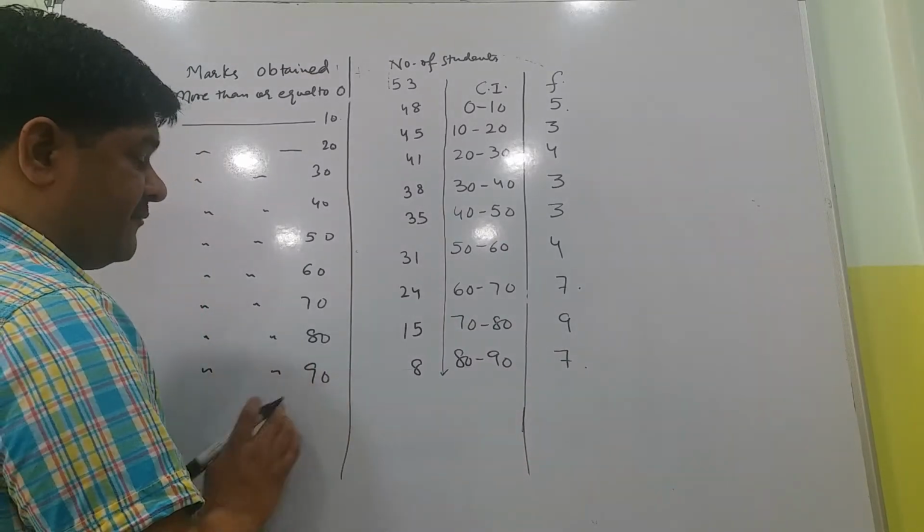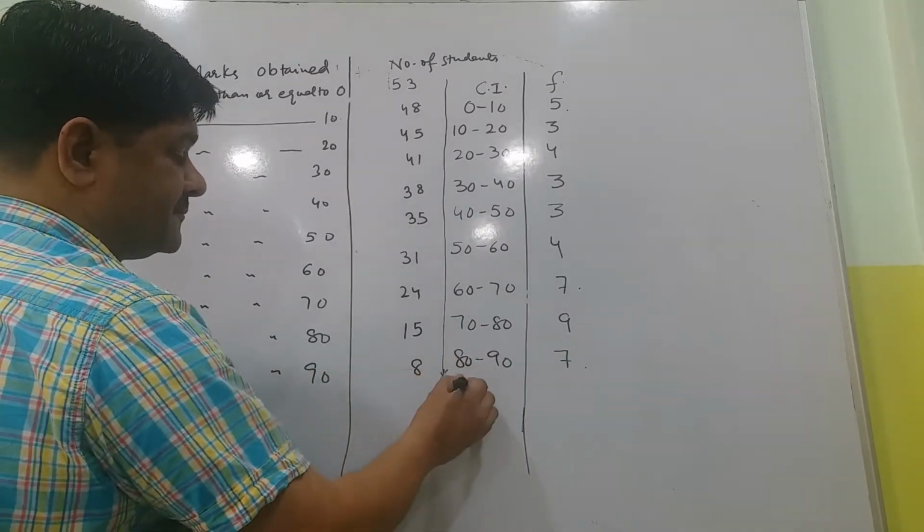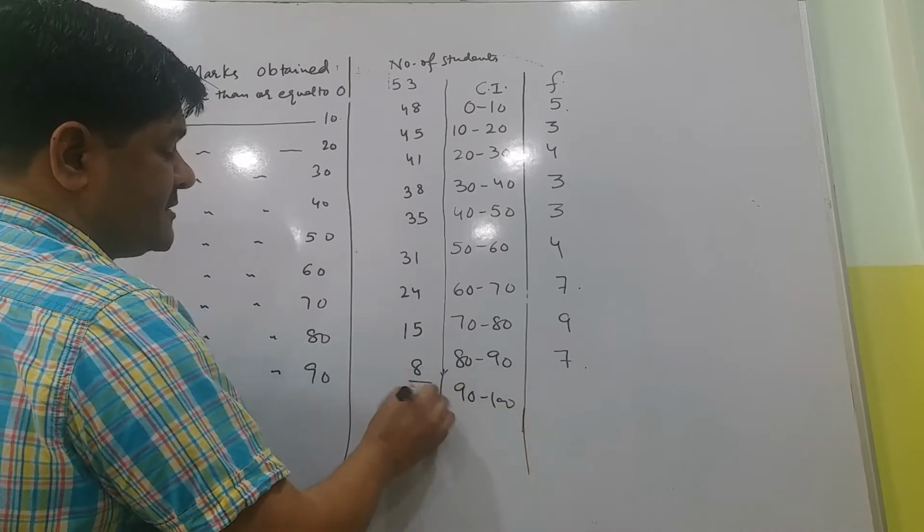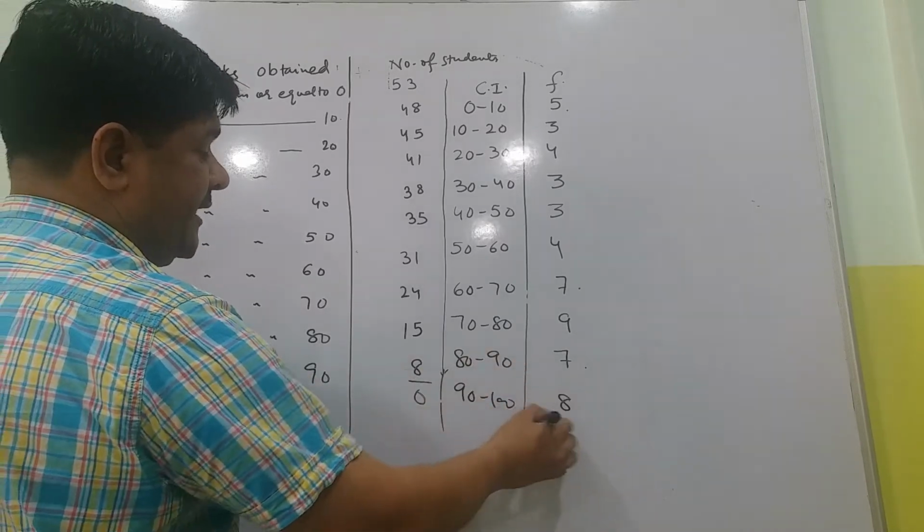Then you will have one more, 90 to 100. Here assume 0, that is 8 minus 0, 8.